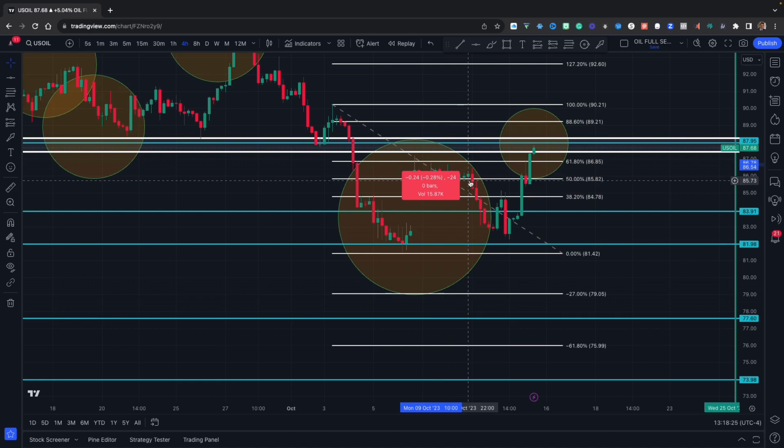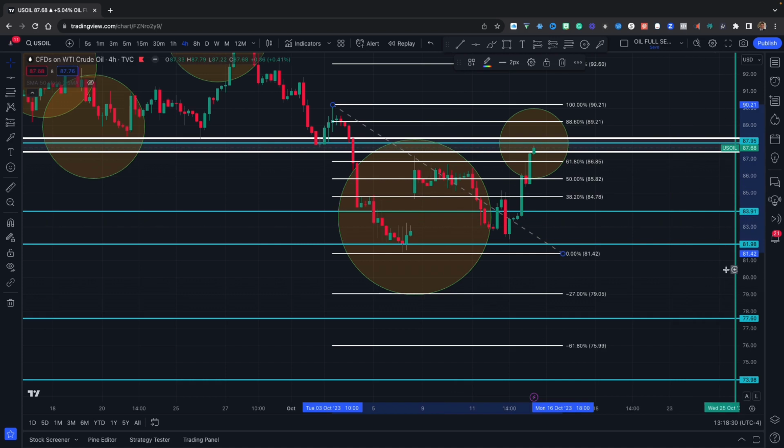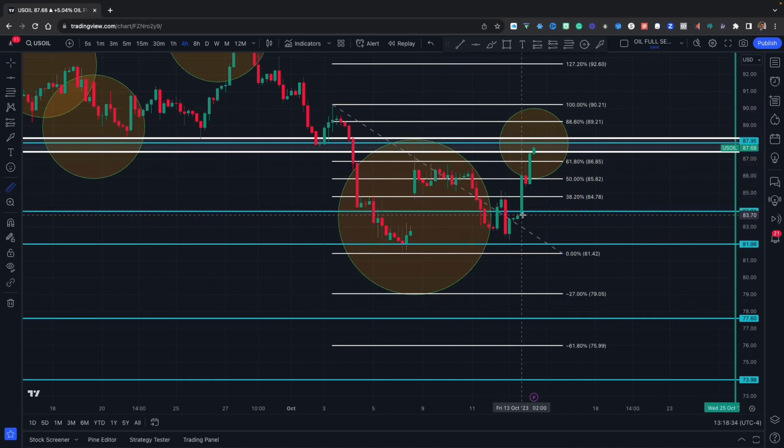So you don't need a lot of movement on crude oil to be profitable, right? Most of these candles are going to be 40, 50 points in length. This big bullish candle was 233 points, right? That was over a $2 move right there. We only want 20, right? We're only looking for 20.